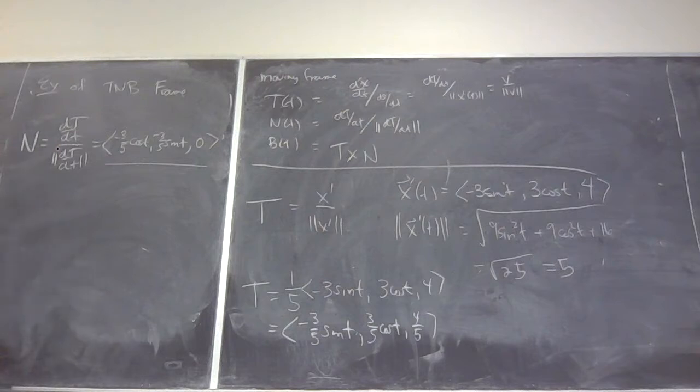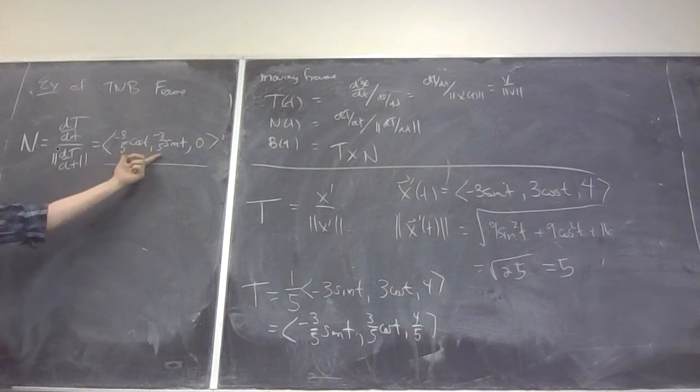Okay, what is the length of this vector? Length can't be negative, right? The length of the vector cosine, sine is going to be 1, right? Cosine squared plus sine squared is 1. The length of this vector turns out to be 3/5.